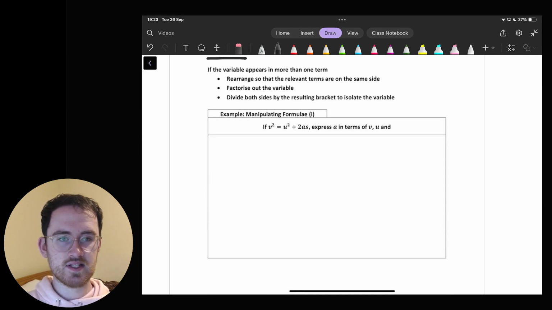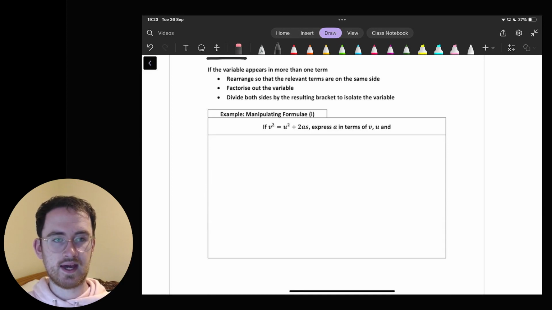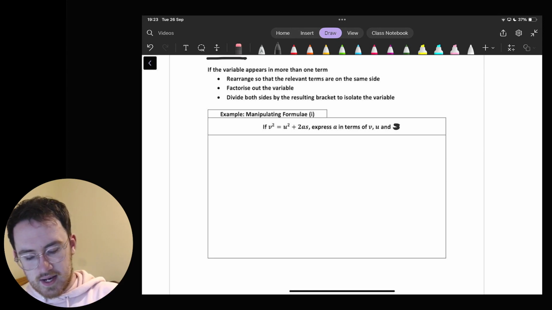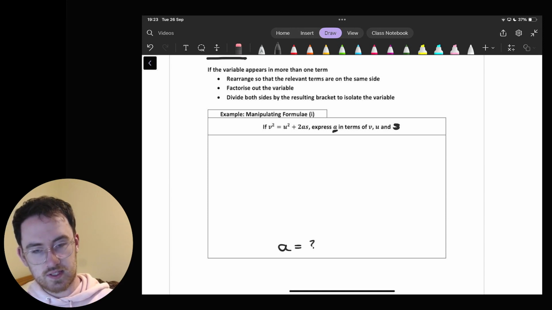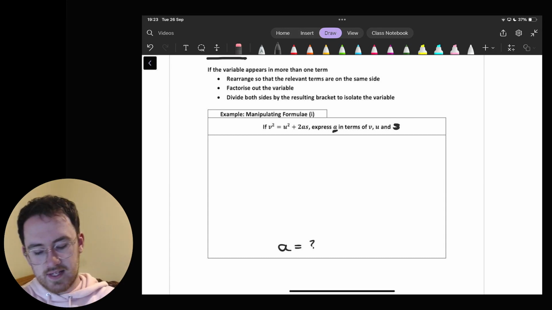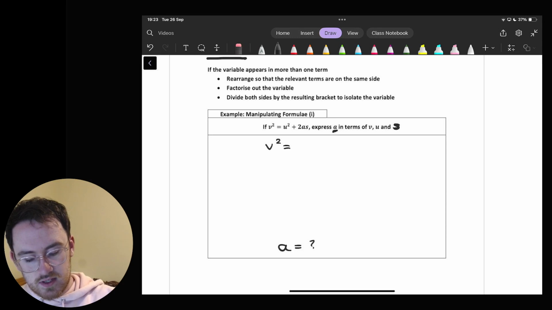If v squared is equal to u squared plus 2as, express a in terms of v, u and s. So we're expressing a in terms of the other ones. My goal at the end here is to have a is equal to something. Let's set it out: v squared is equal to u squared plus 2as.